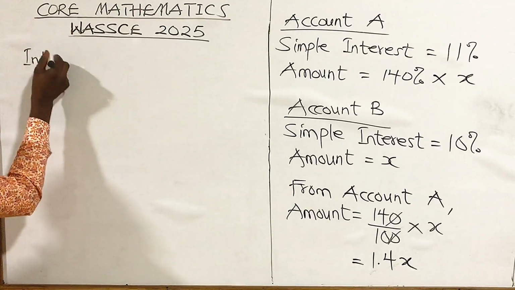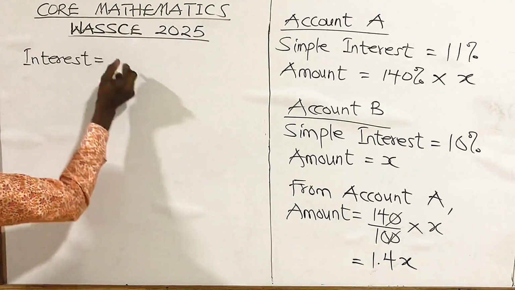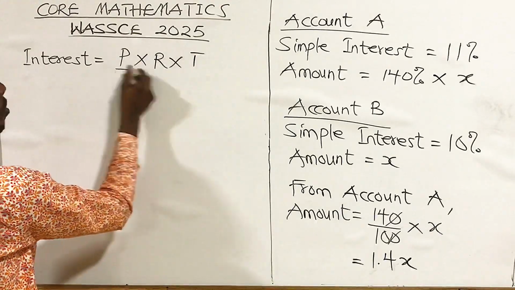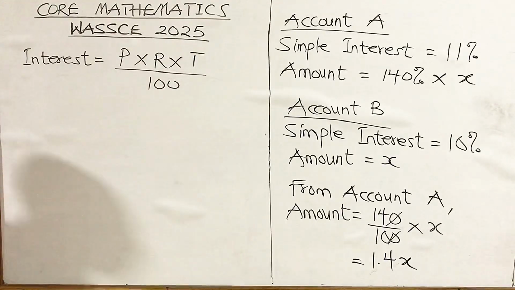So interest is equal to the principal times rate times time all over 100.